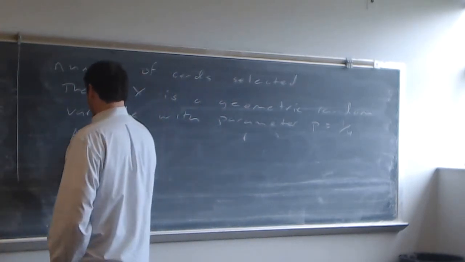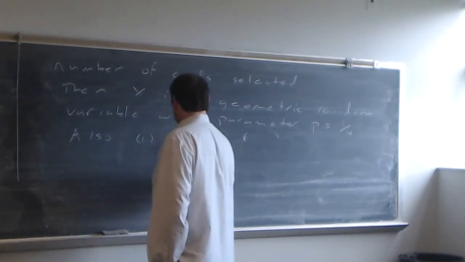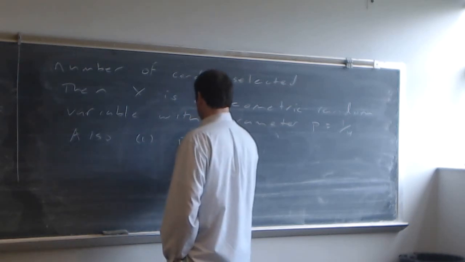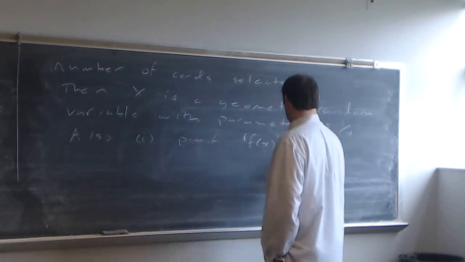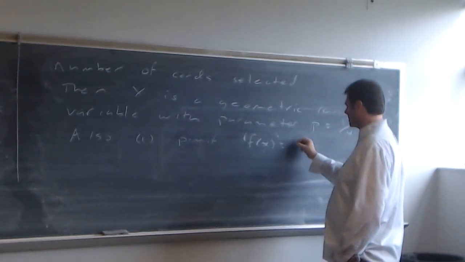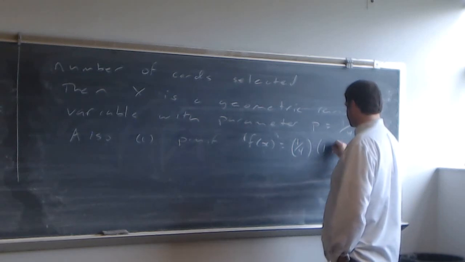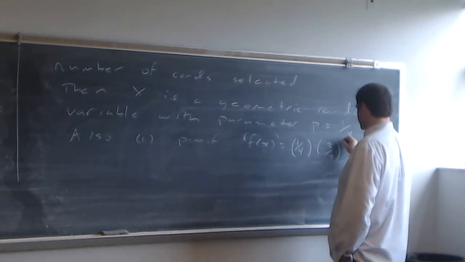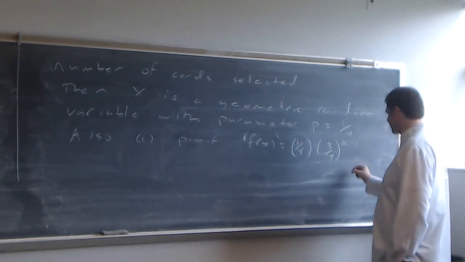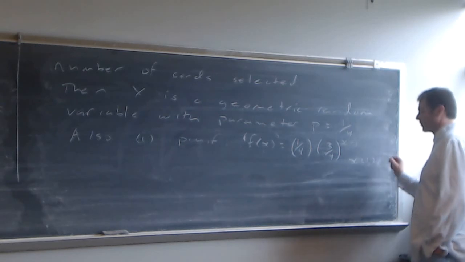Also, I'll write these down kind of fast. One, f of x, its PMF, let me just write it down. What is that? That is p, which is 1/4, times 1 minus p, which is going to be 3/4, raised to the x minus 1. And here, don't forget, x is equal to 1, 2, go forever.